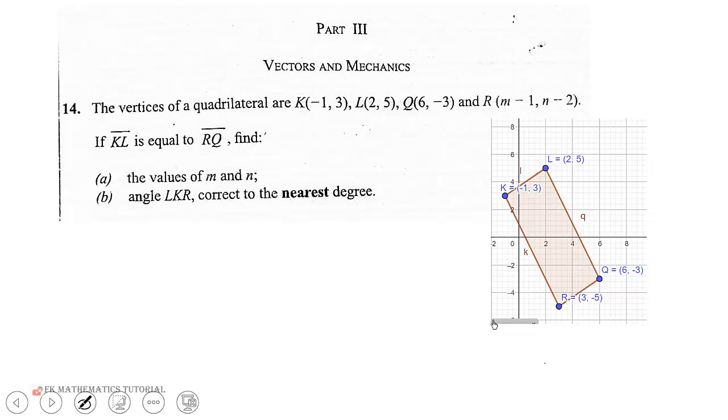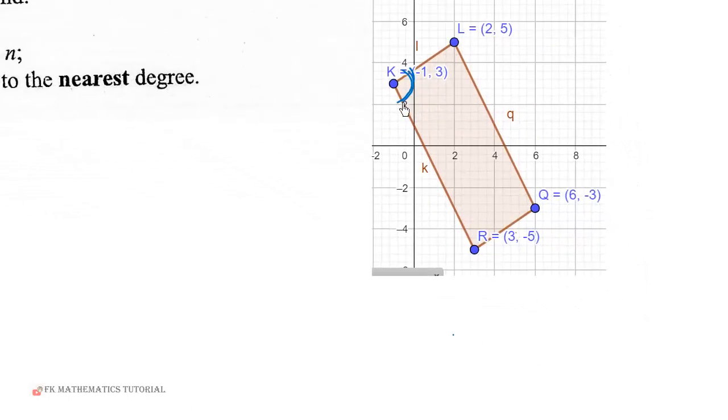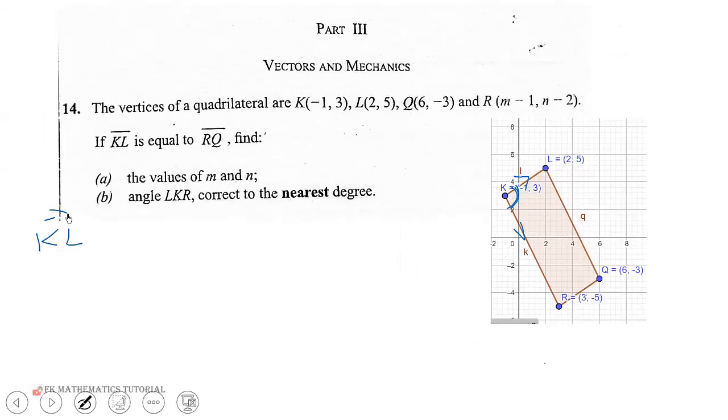So the B part says that we are to find angle LKR. So you can see that angle LKR is this angle here. And this angle here is between vector KL and vector KR. So vector KL, we found it already to be (3, 2).